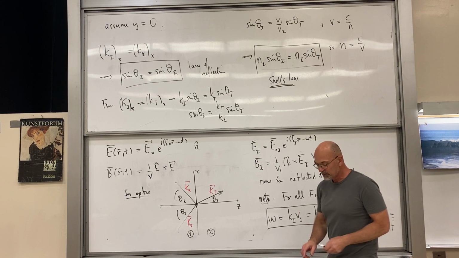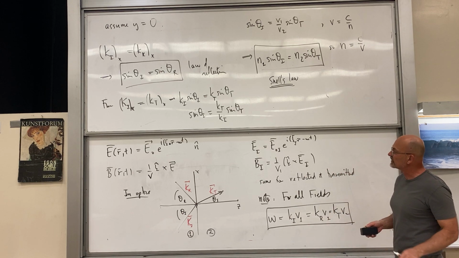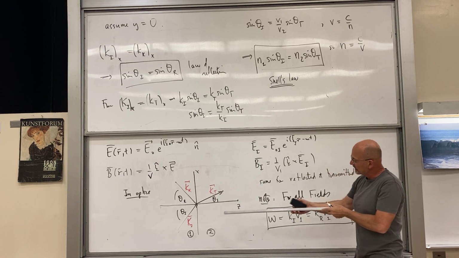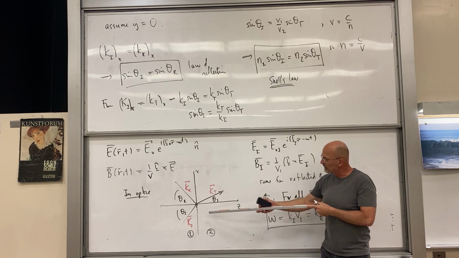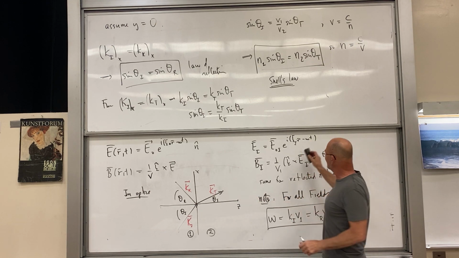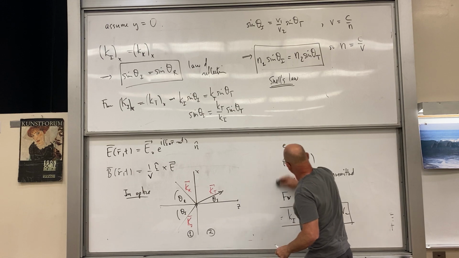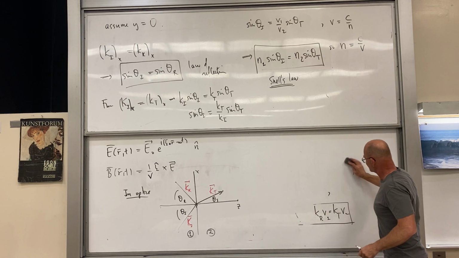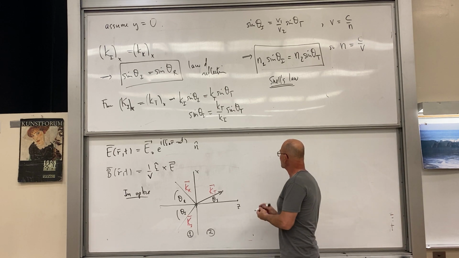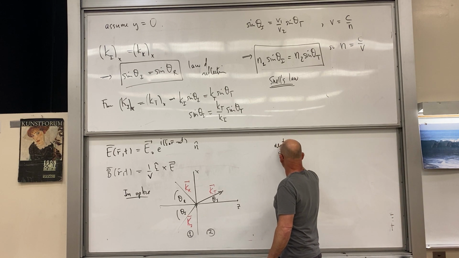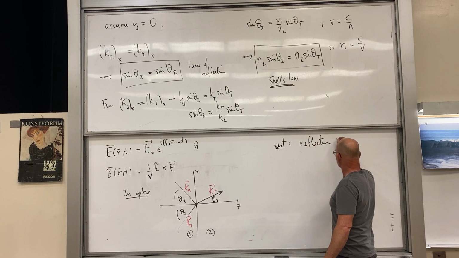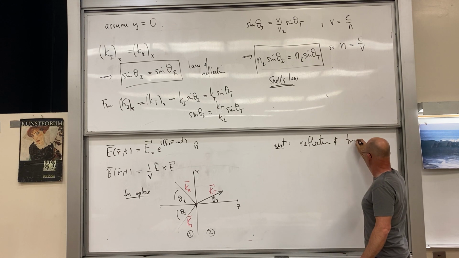So next what we're going to do is reflection and transmission coefficients. Right now we just have these geometrical relations for reflected and transmitted waves, but we do not yet have the intensities. So next we want the intensities of reflected and transmitted waves.